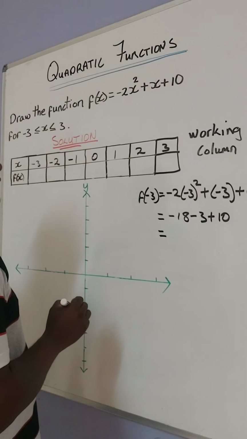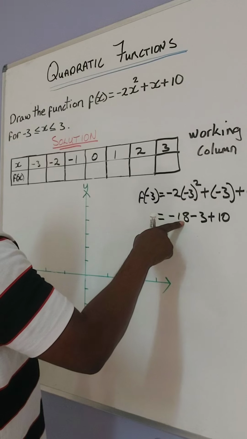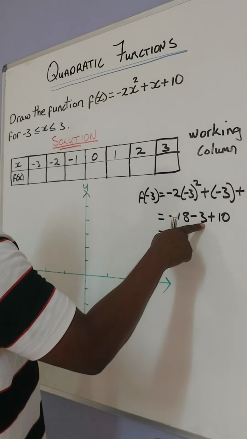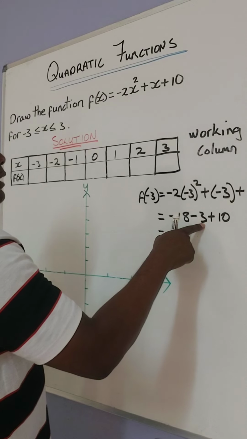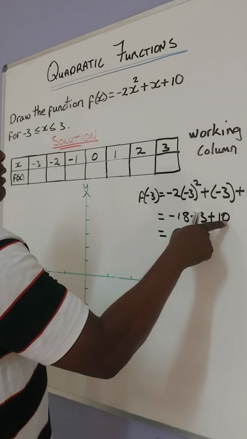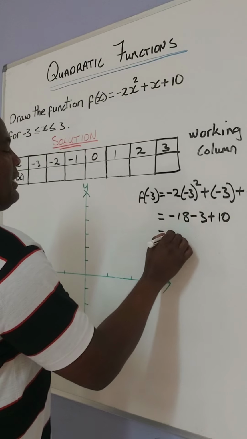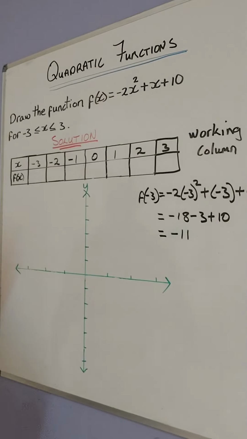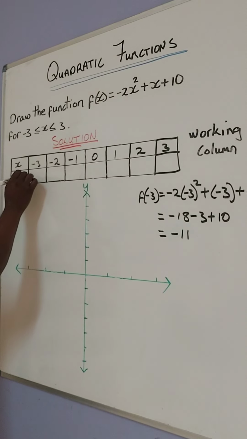When we simplify this, we'll have -18 minus 3 will give me -21. -21 plus 10 will give me -11. This means that -3 corresponds to -11.